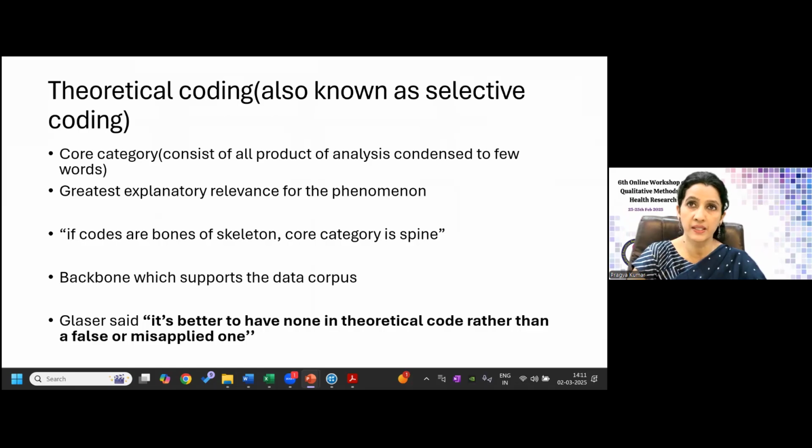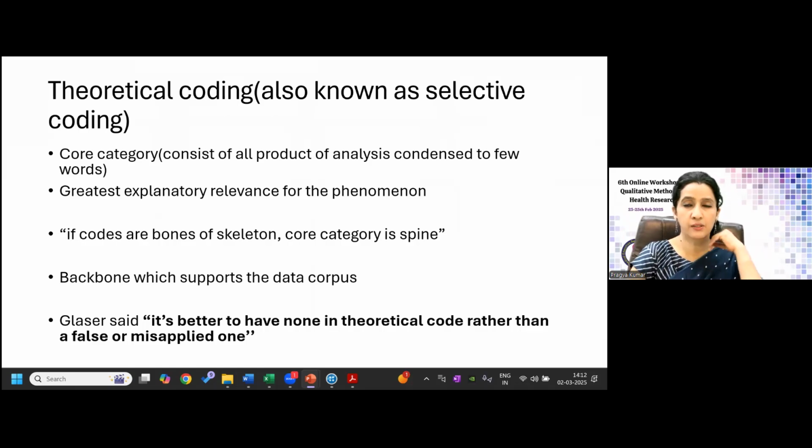It is condensed to a few words and explains the central phenomenon. It is said that if the codes are the bones of the skeleton, then your core category is the spine, the backbone which supports your data corpus.